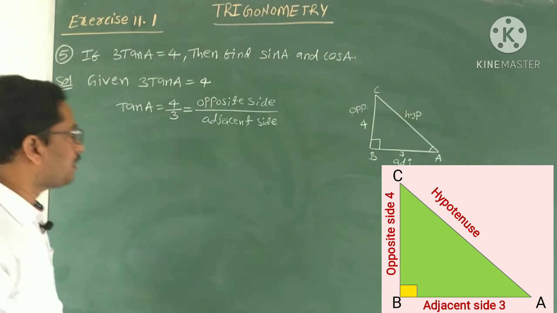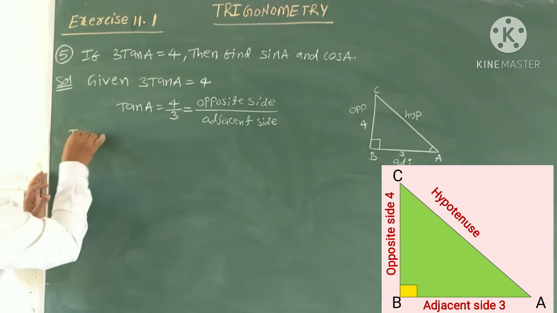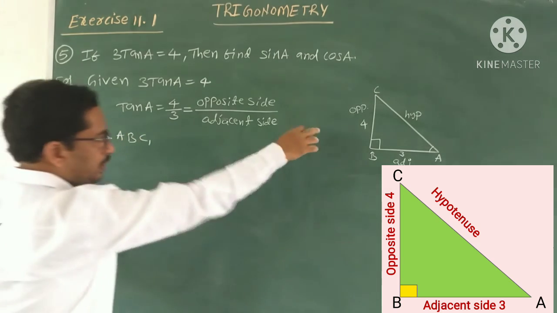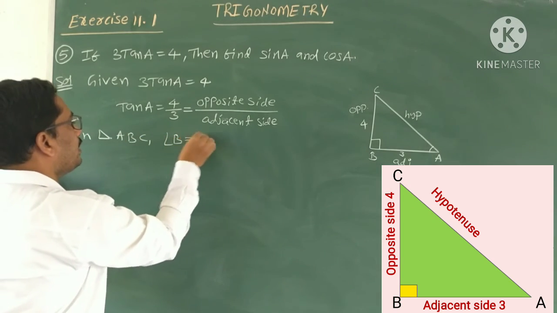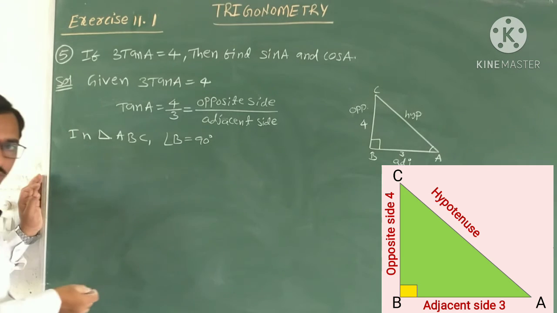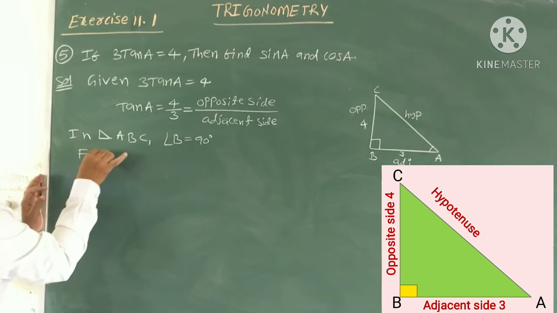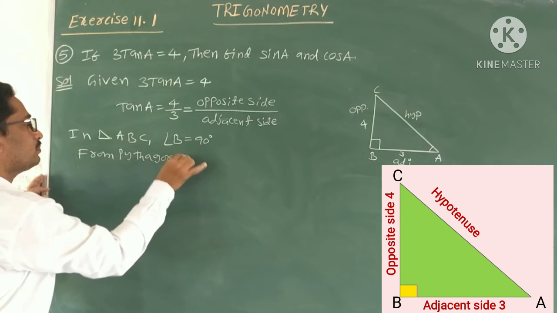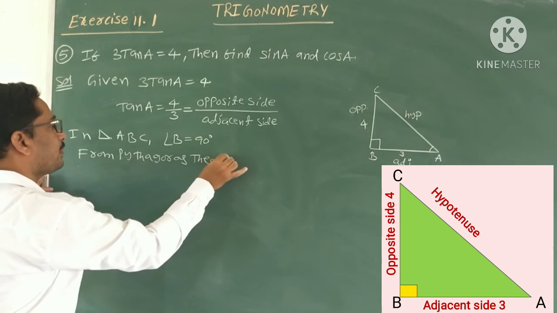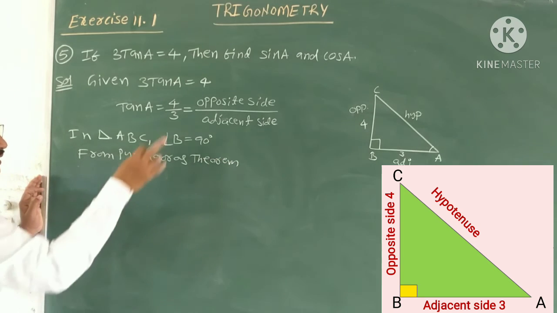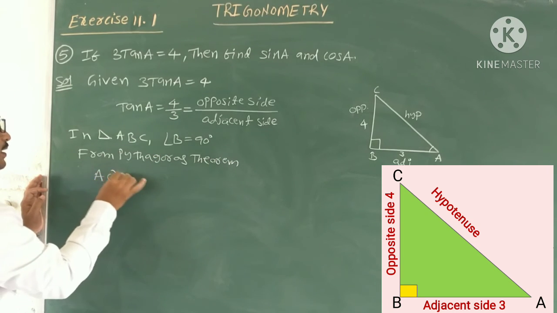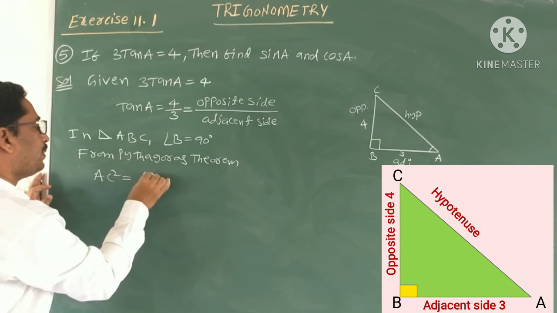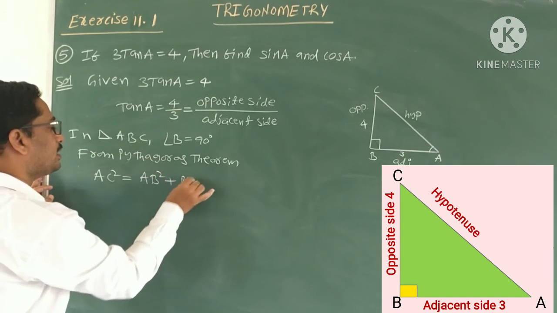See, now in right angle triangle ABC, the right angle at B is 90 degrees. Now from Pythagoras theorem, the longest side square, AC square, equal to the sum of the squares of the remaining two sides, means AB square plus BC square.